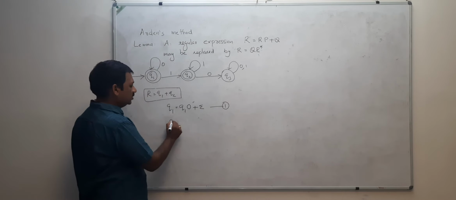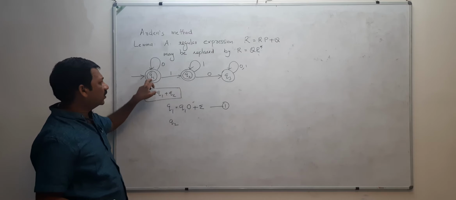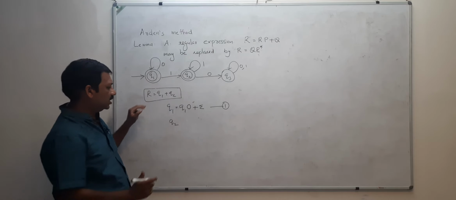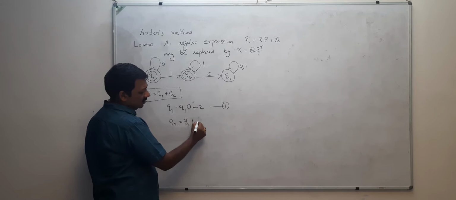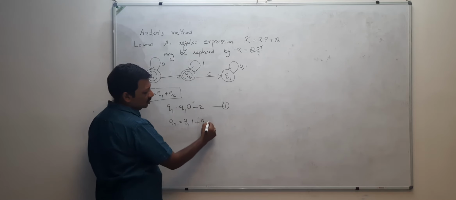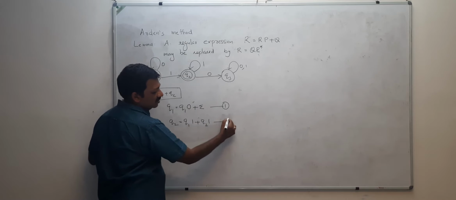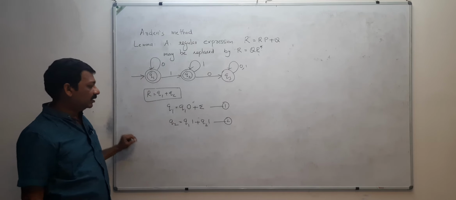And for Q2, what is this? Q2 is Q1 on accepting 1, or Q2 on accepting 1. This is the second equation. And what about Q3?